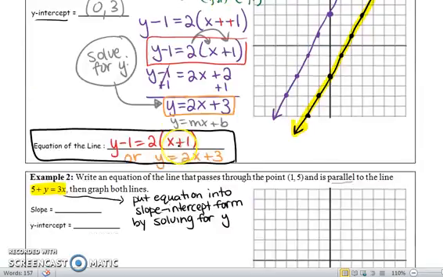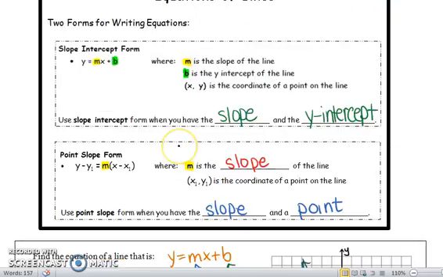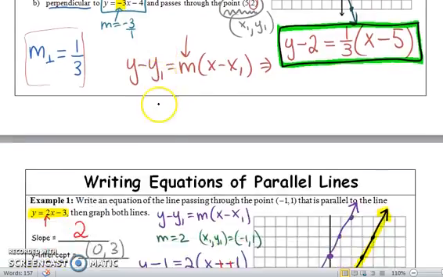Because if you noticed from the equation, when you have slope-intercept form, the y is all by itself on the left-hand side of the equal sign.